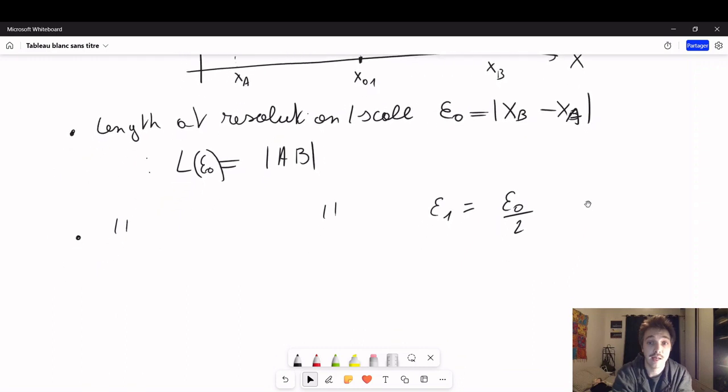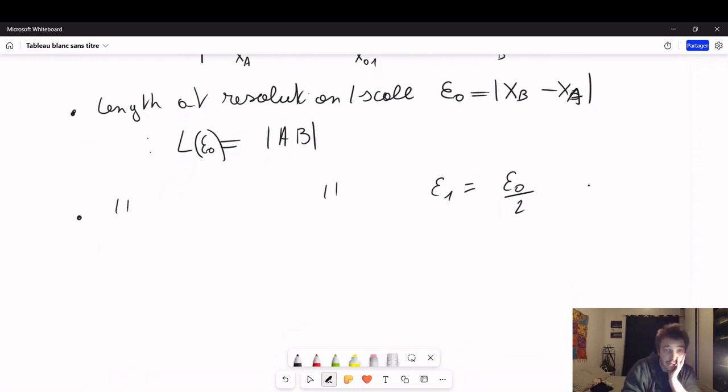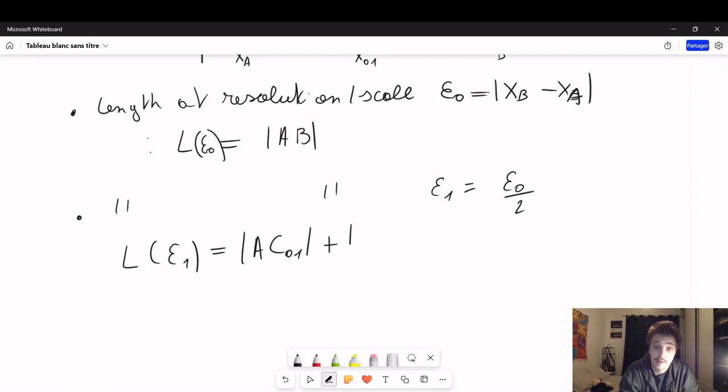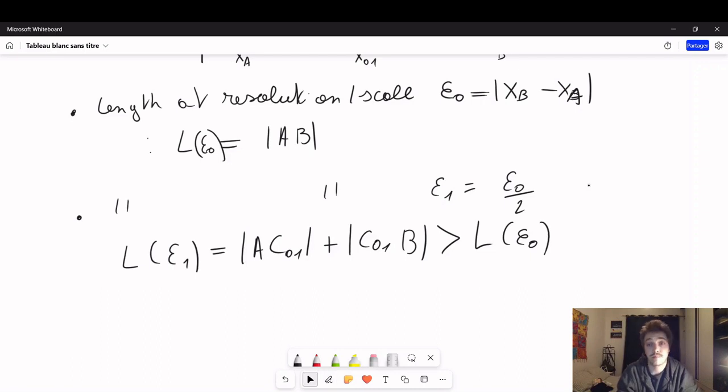So the length at resolution epsilon 1 is the sum of the segment A C01 plus the segment C01 B, and this is strictly greater than the length at resolution epsilon 0.